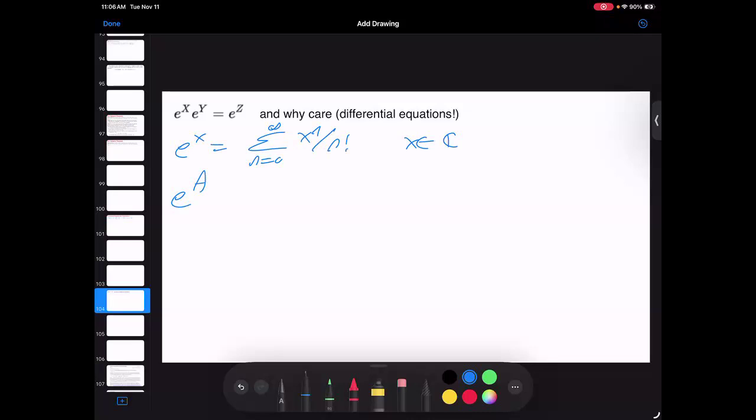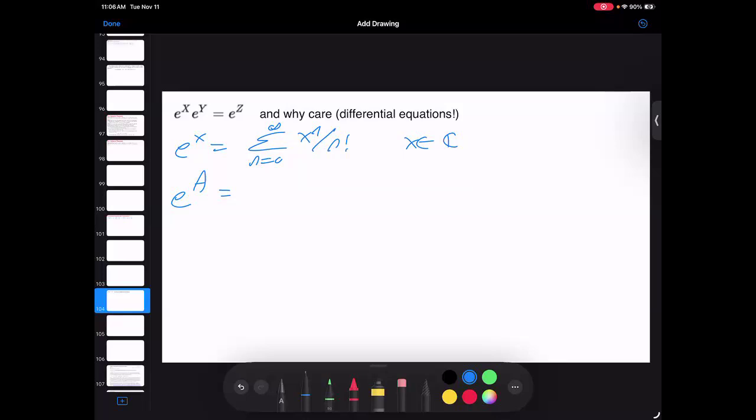If I put in a matrix, anybody want to guess how you would define e to a matrix? We've got the definition of e to a number. How would you define e to a matrix? Each entry raised to each entry.